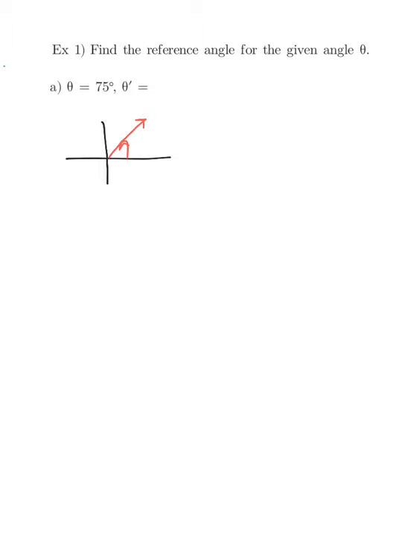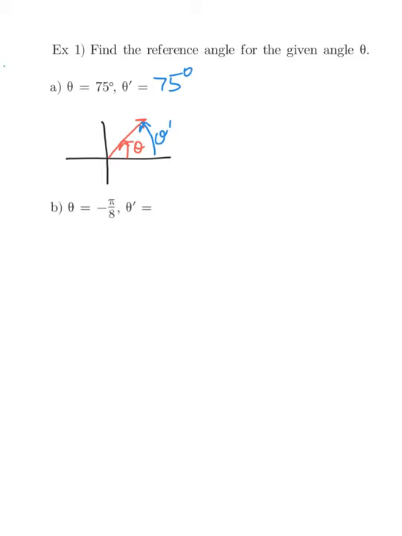So there's my theta of 75 degrees. In the 1st quadrant, this is the only place where this happens. Your given angle and your reference angle are the same thing, because to get from your terminal side to the x-axis is exactly the same as what you had originally. So our theta prime is 75 degrees.